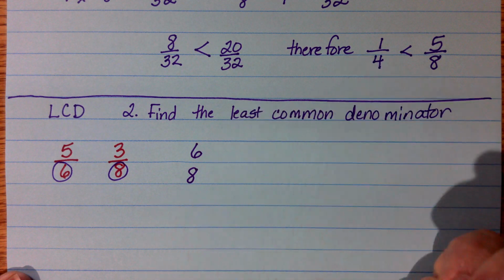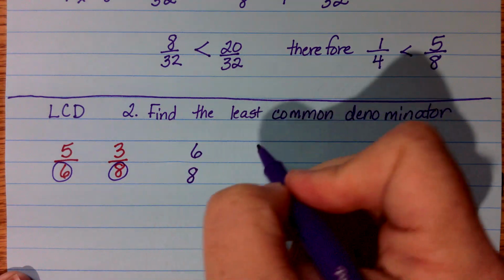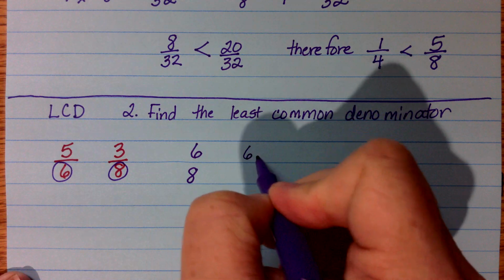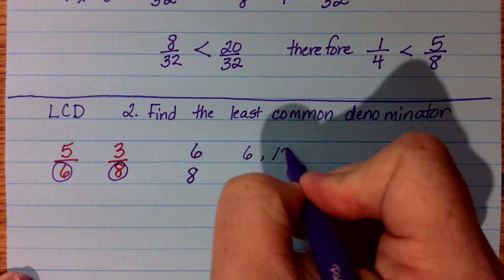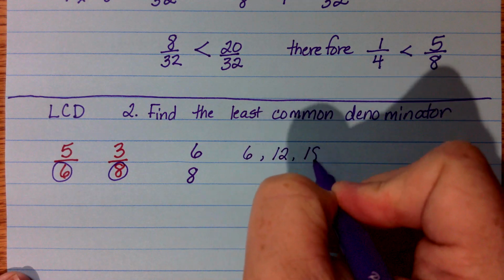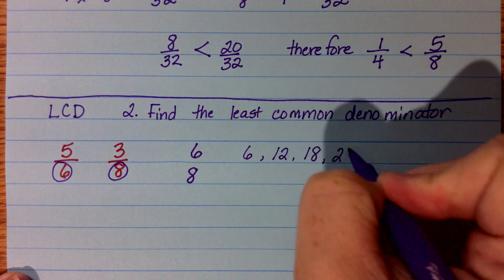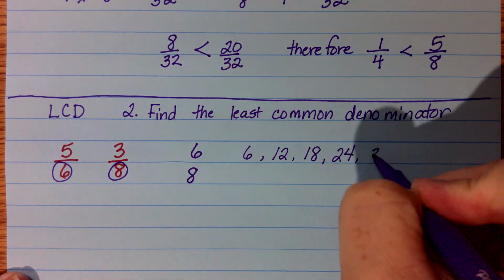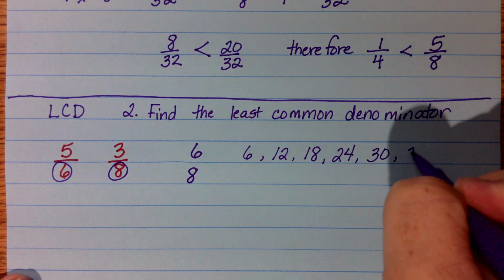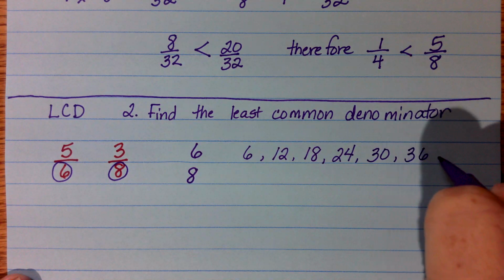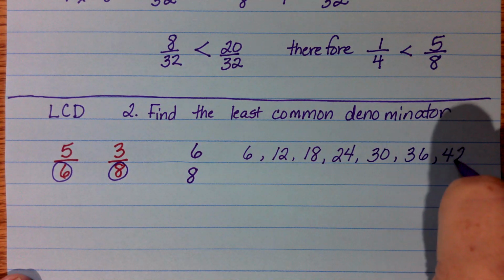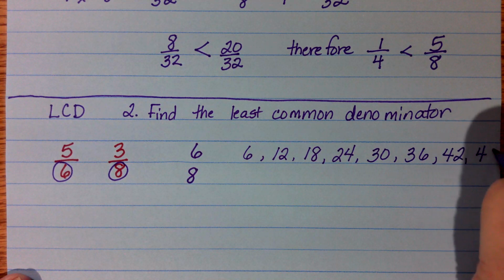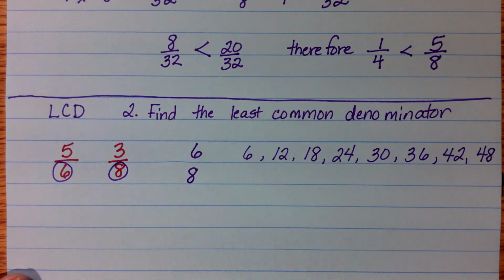So when we count by sixes, we start with 6 times 1 is 6, 12, 18, 24, 30, 36, 42, and I'm going to go all the way to 48 because I know 6 times 8 is 48.